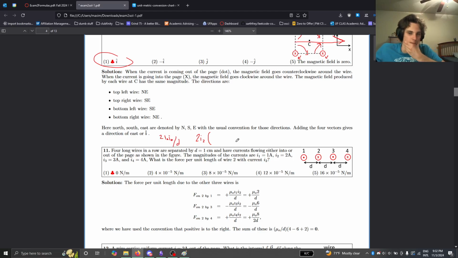I'll start plugging stuff in. This I2 is equal to 2 amps. So we'll say into the board is positive, so we can put a 2 in here, right? When we look at this 1 here, we notice that it's going out of the board, so we'll say it's negative 1 amps. Additionally, since it's headed left, we'll give it a distance of negative 1.